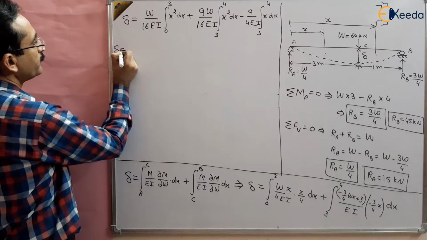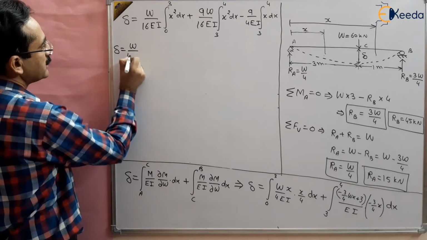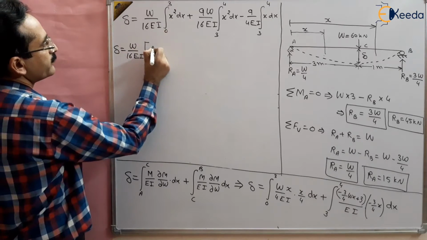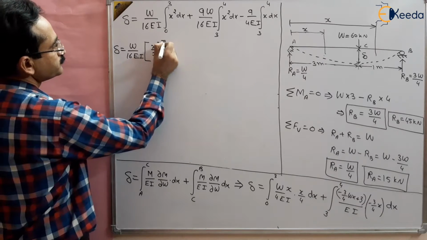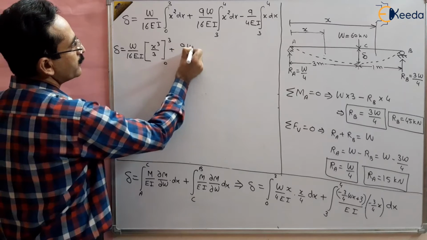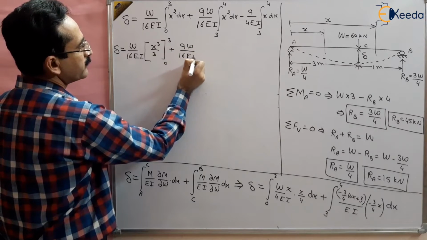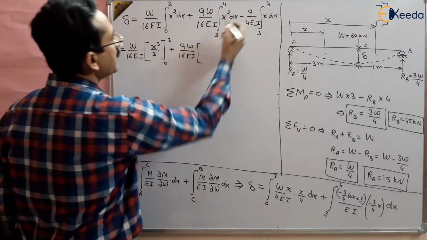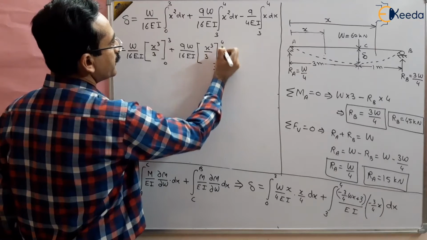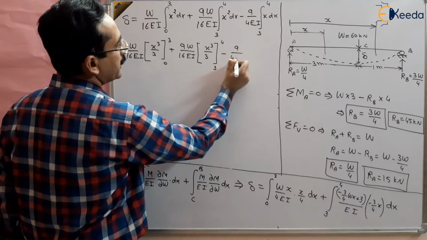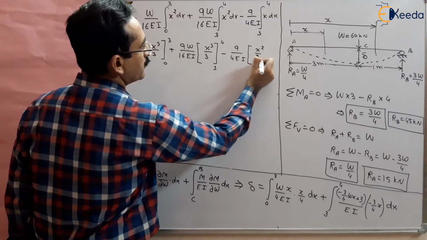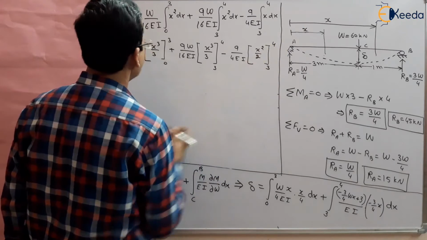So delta will be equal to W/16 EI, integration of x² is x³/3 from 0 to 3, plus 9W/16 EI, integration of x² is again x³/3, but the limit is 3 to 4, minus 9/(4 EI), integration of x is x²/2, limit is 3 to 4, right?